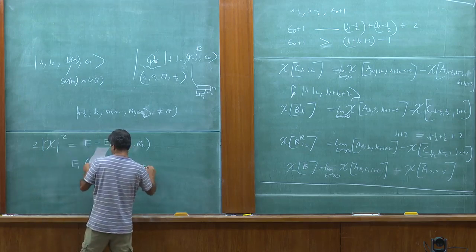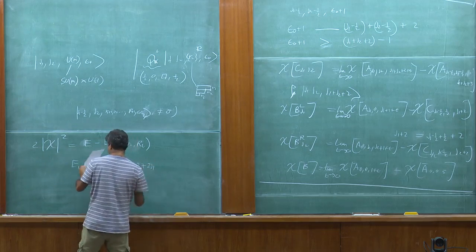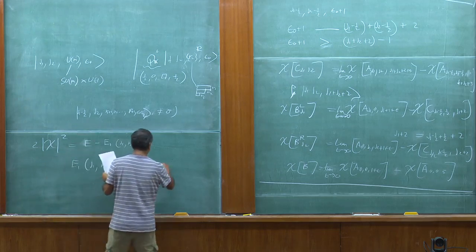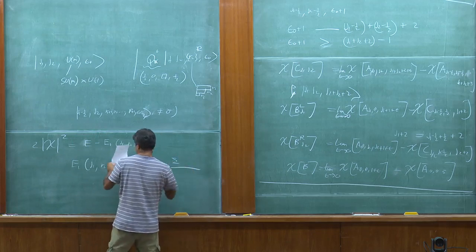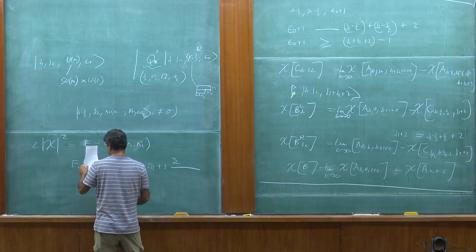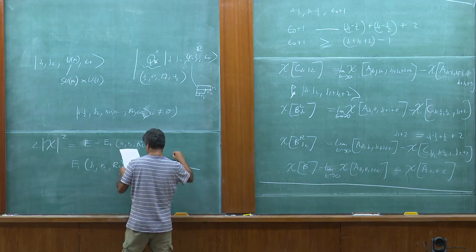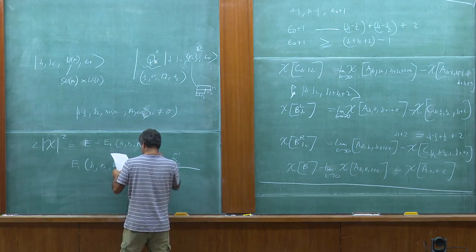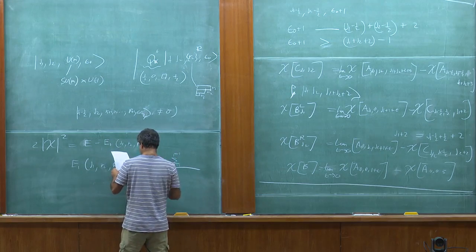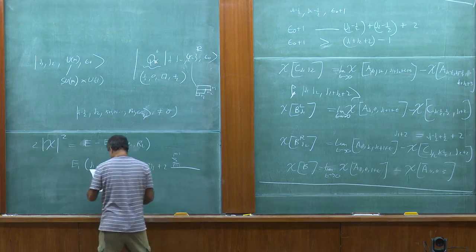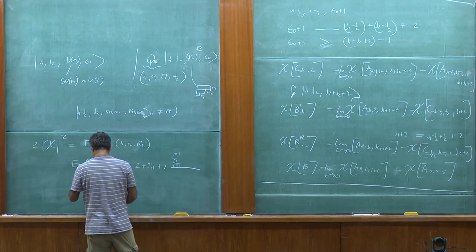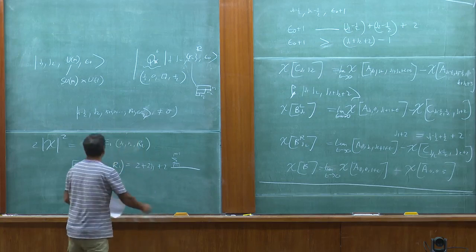2 plus 2J1 plus 2 into the summation, P equal to 1 to M minus 1. Here this capital R and small r, yes, that's the problem. Sorry.